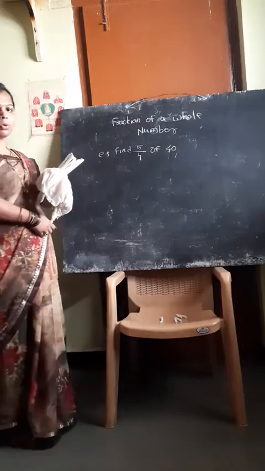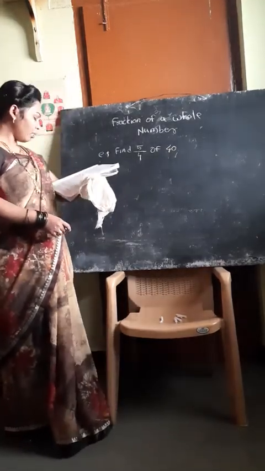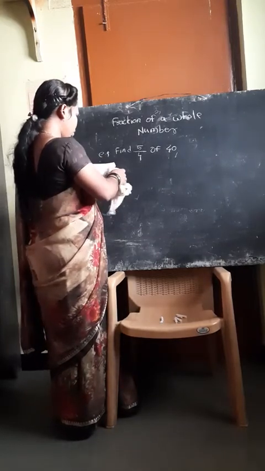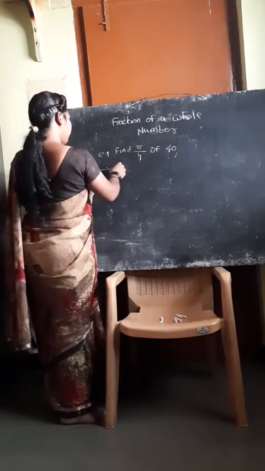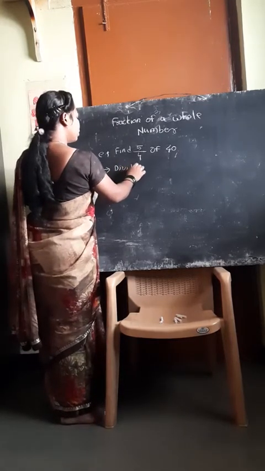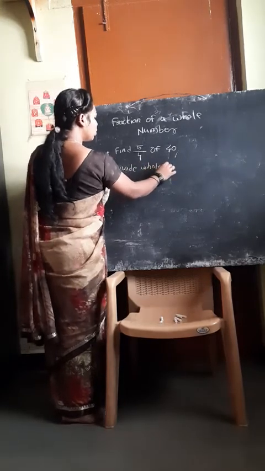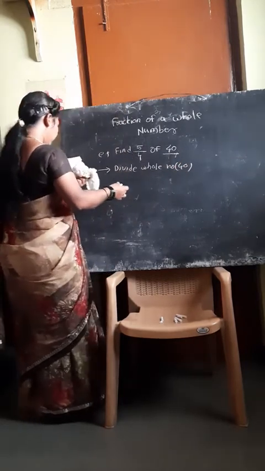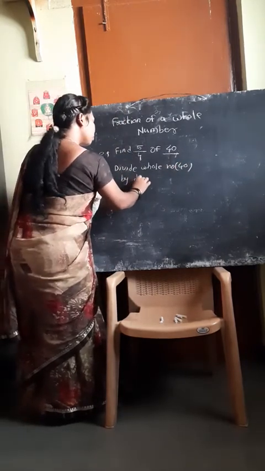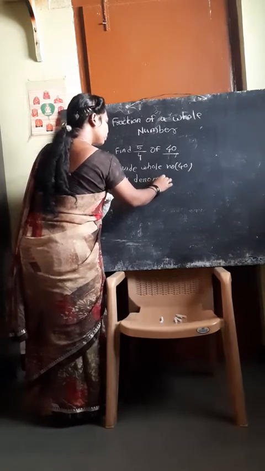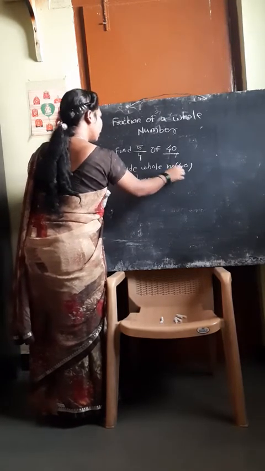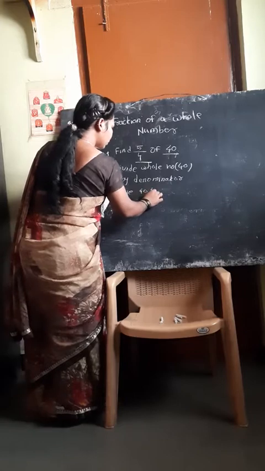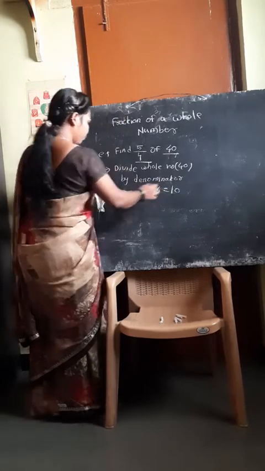Solution: first step is to divide the whole number, that is 40, by the denominator. The denominator is 4, so 40 divided by 4 is equal to 10.